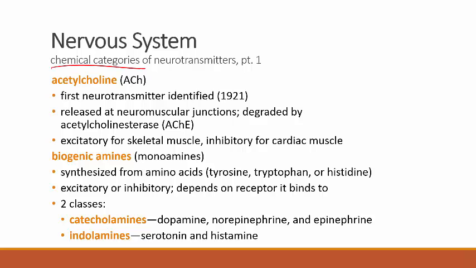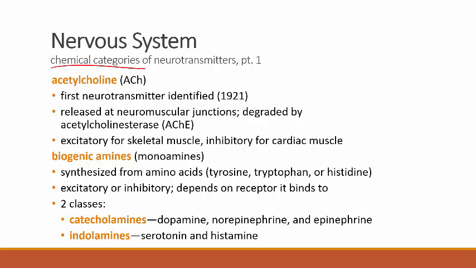And what we see is that this is an excitatory neurotransmitter when skeletal muscles are involved. One shot of acetylcholine will help to bring a skeletal muscle a little bit closer to an action potential, while at cardiac muscle, acetylcholine actually acts as an inhibitor, keeping the cardiac muscle from getting closer to the threshold for having a contraction.